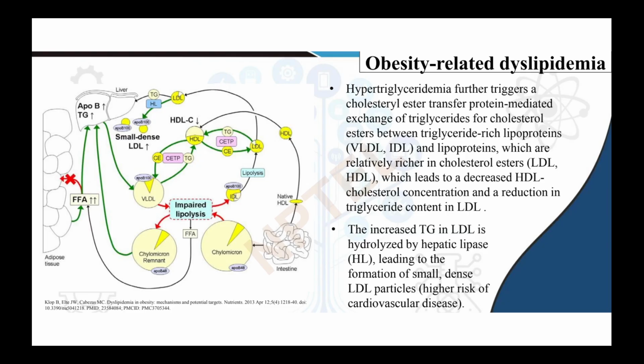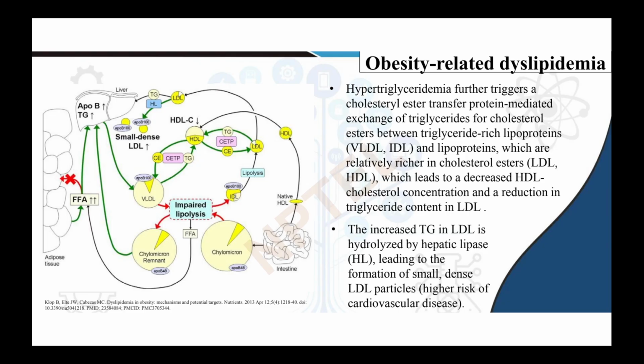So from VLDL and IDL, the triglycerides are exchanged to LDL and HDL, and this leads to decreased HDL cholesterol concentration and a reduction in the triglyceride content in the LDL as well.